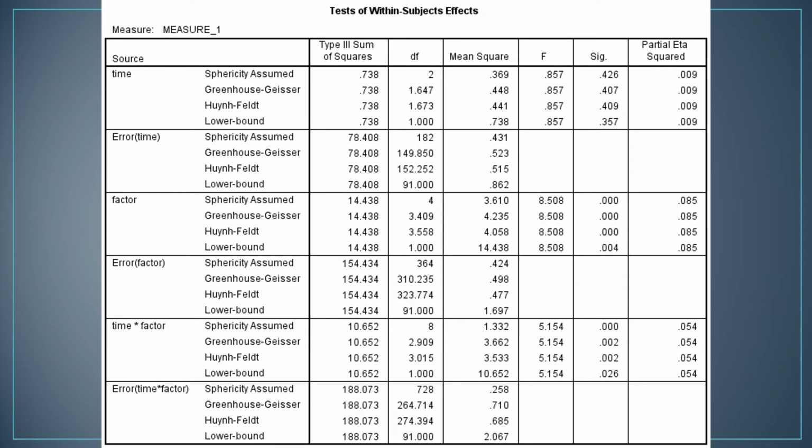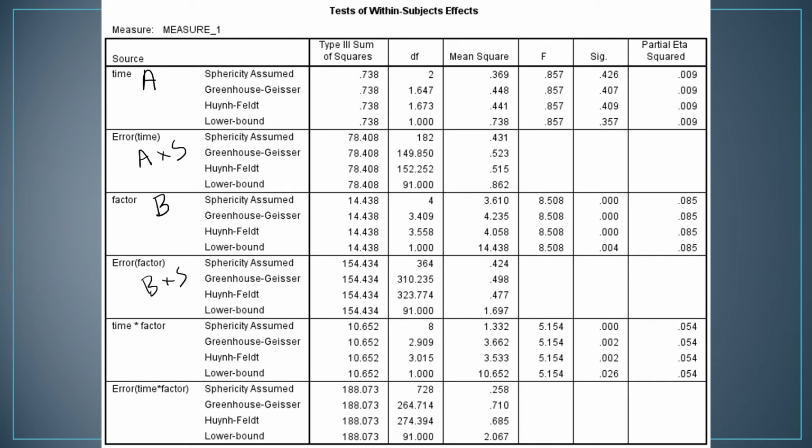Then this is what you get for your results, where now you have all of your factors here in place. And so this is your factor A, and here's your factor B, and the error is going to be your factor A times your subjects, and then this error is your factor B times your subjects.